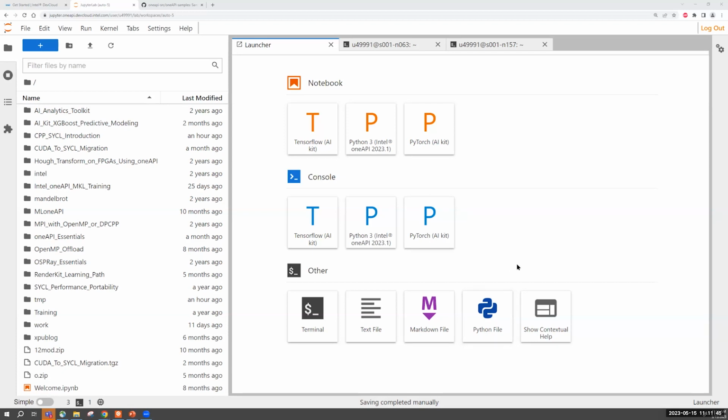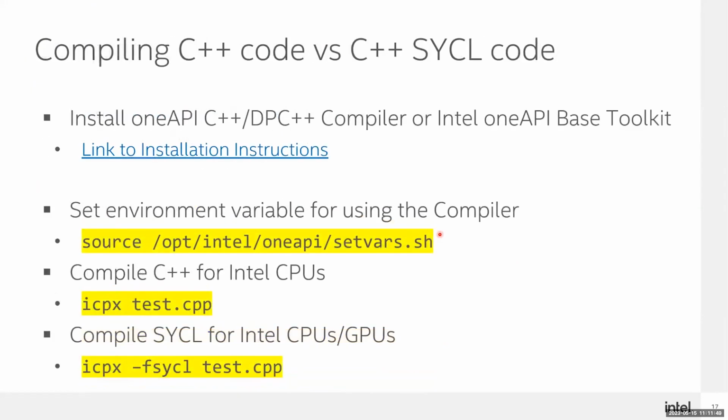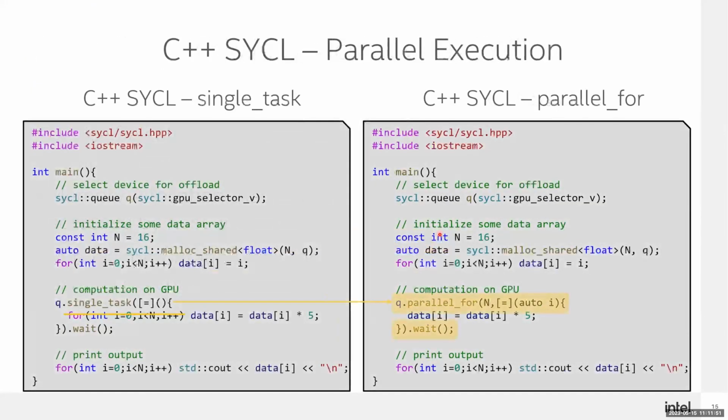That's one of the reasons I started off with single task. If you use single task, it is serially executing. It's running on a GPU, but it's serially executing. That's why we plan to use parallel for eventually. But single task is the easiest way for you to offload any computation.